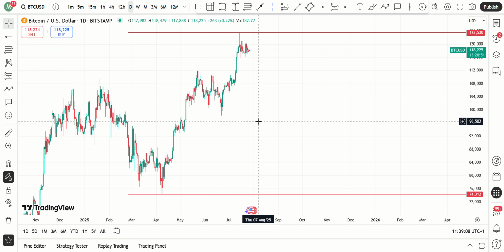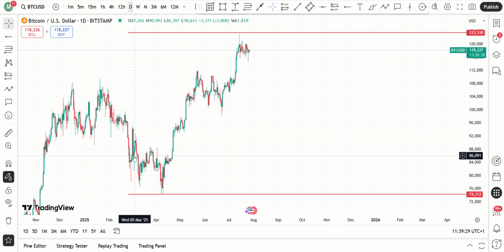So that being said, we've got Bitcoin here in front of us on the daily time frame. And you can see that I've got two red areas, a red area at the top and a red area at the bottom, or red lines. So what we're concentrating on today is the price in between this area because it's relevant. It goes back to March.